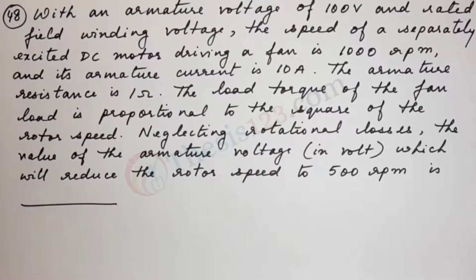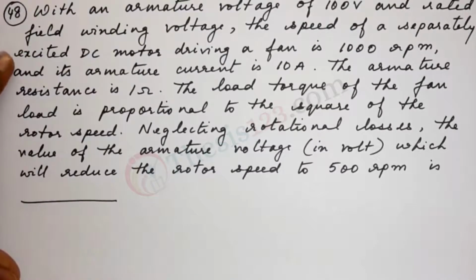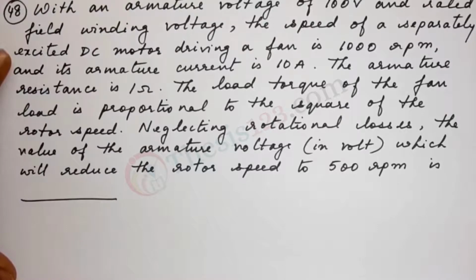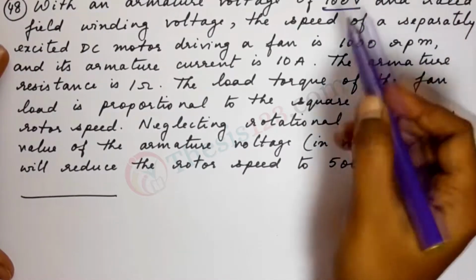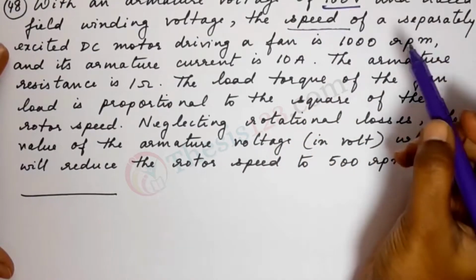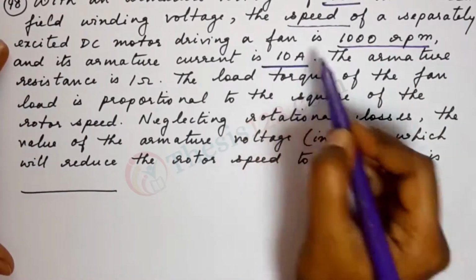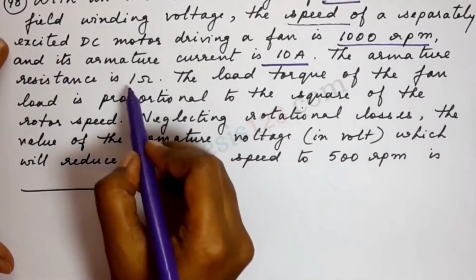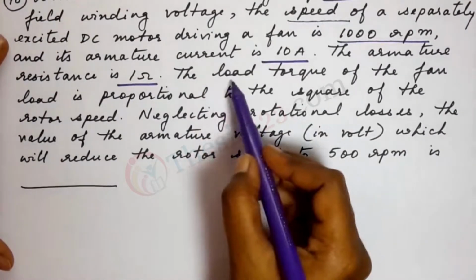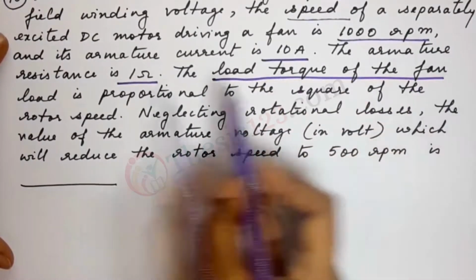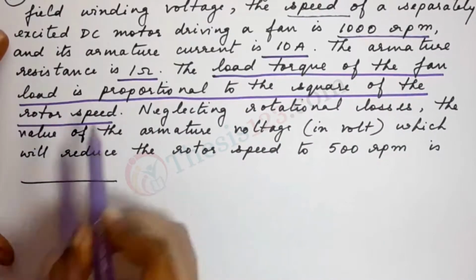A lot of information given here. Let's begin by noting down what's given to us. So we have the armature voltage given as 100 volts and the speed of the separately excited DC motor is 1000 rpm. Armature current is 10 amps, armature resistance is 1 ohm, and this is also important here. The load torque of the fan is proportional to the square of the rotor speed.